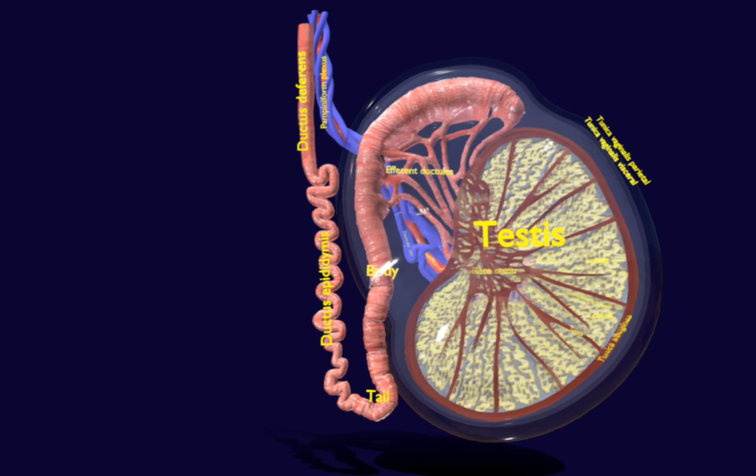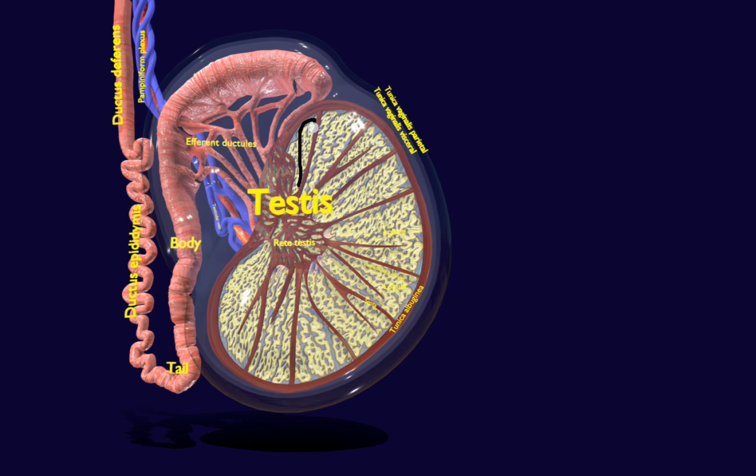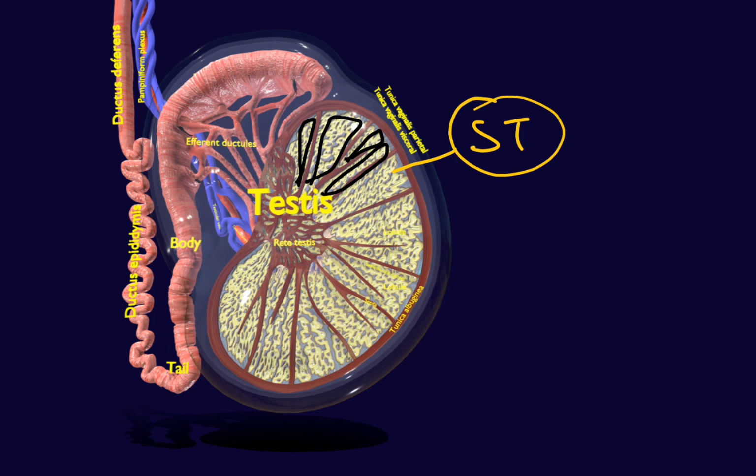Now let's see the internal structure, that is, the compartments. As you can see, 250 compartments are there, which are known as testicular lobules. In each compartment, 2 to 3 highly coiled seminiferous tubules are present. This seminiferous tubule, as I already taught you, is lined by epithelium tissue, which is known as seminiferous epithelium or germinal epithelium.